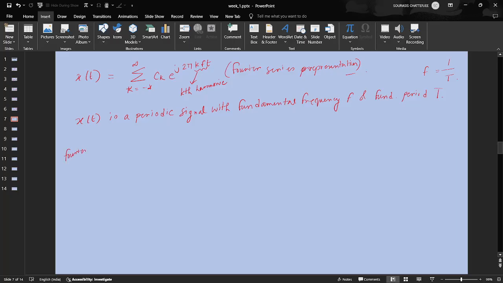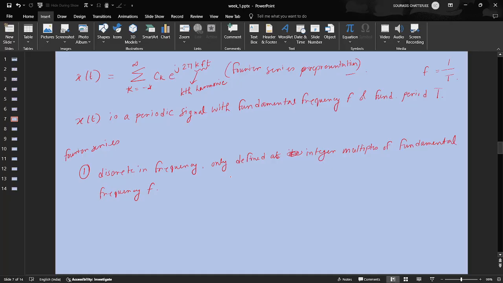So the Fourier series, the first key takeaway here, is that it is discrete in frequency and only defined at integer multiples of the fundamental frequency f.